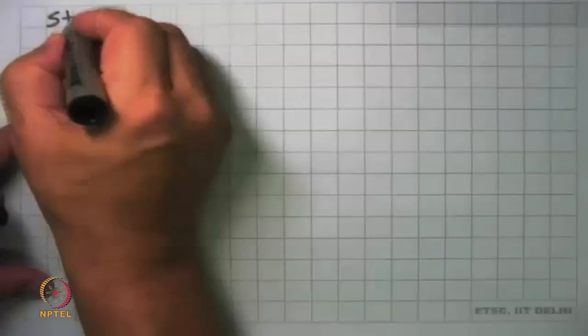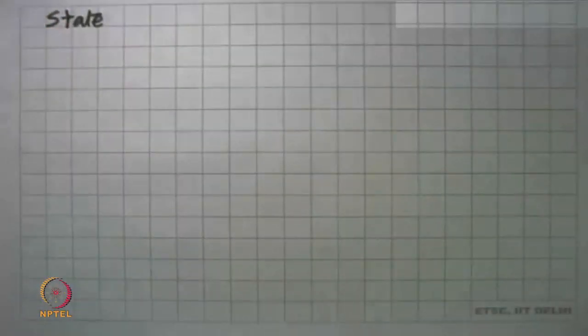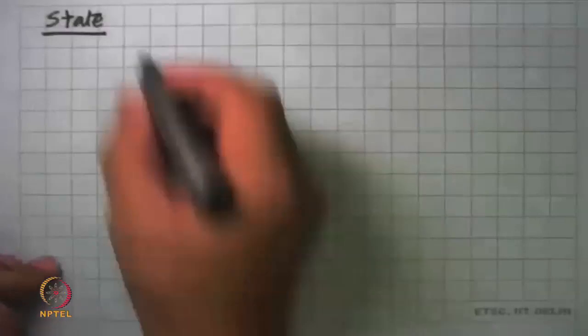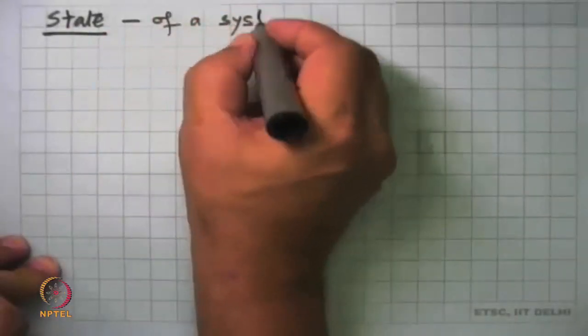and say that we then define what is a state. This is our next major concept that is coming up now. And to define the state, we said there is a state of a system always.